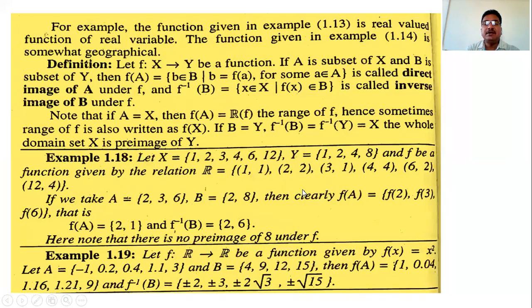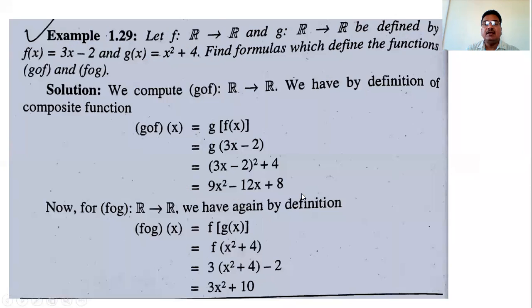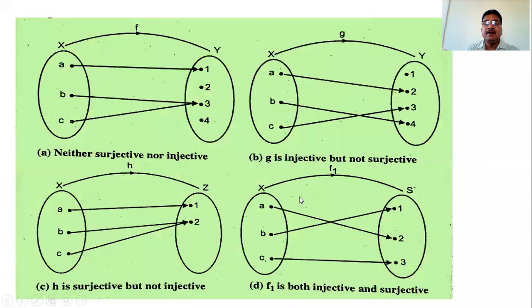Observe this function, this is not injective because b and c also have the same images. This function is injective. Why is it injective? Because elements are different, then their images are also different. A has image 2, b has image 4, and the image of c is 3.